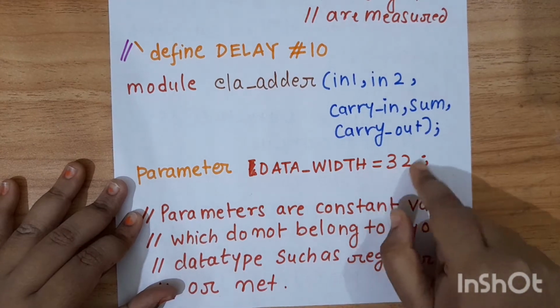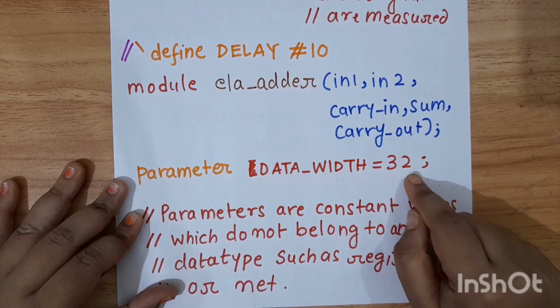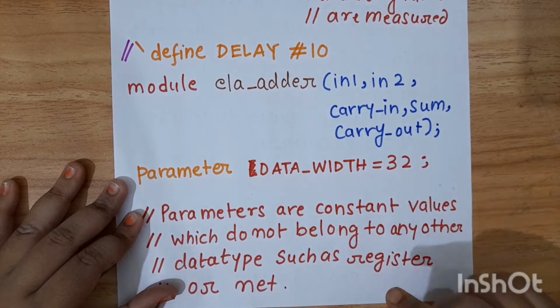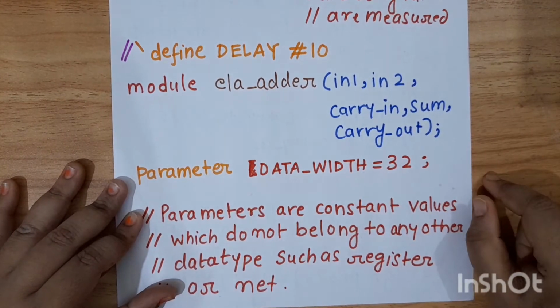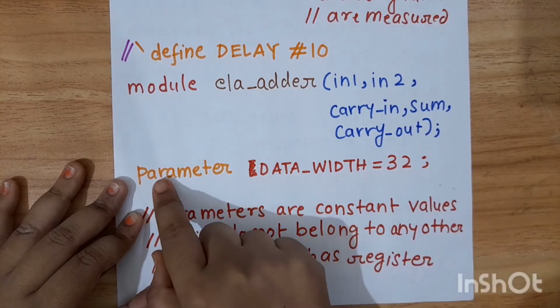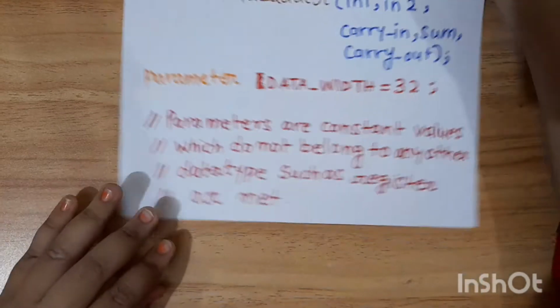I have generalized it as 32. I can make it 4, 8, or 16 from the test bench. I can modify the parameter data width. By default it would take the data width 32.